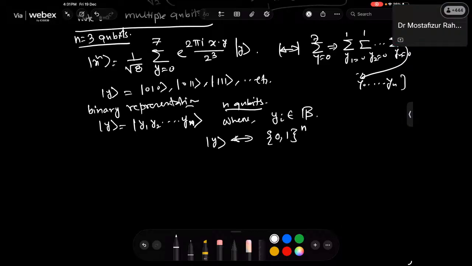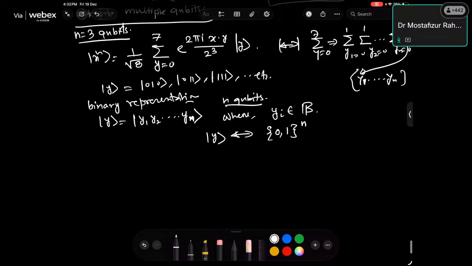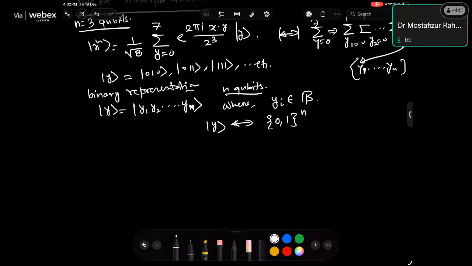So this is how we represent the basis points in binary settings.